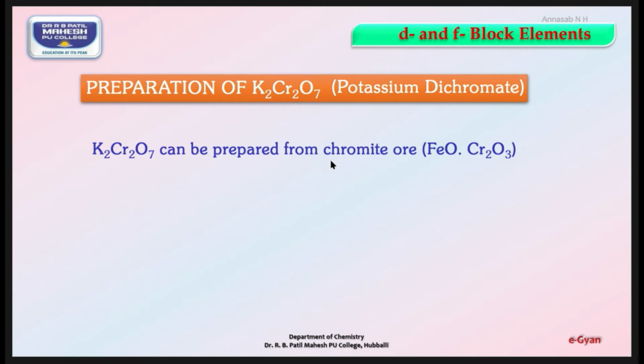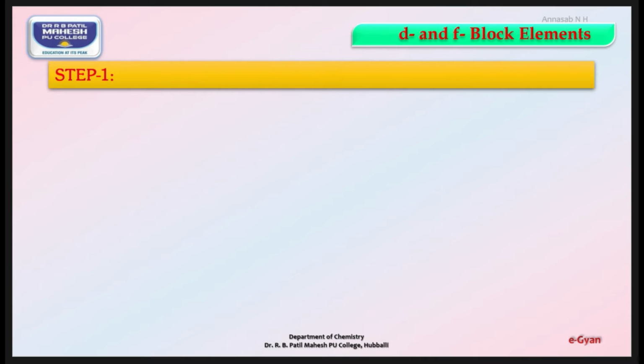The formula for chromite ore is FeOCr2O3, or in other words FeCr2O4. This preparation of potassium dichromate involves 3 major steps.